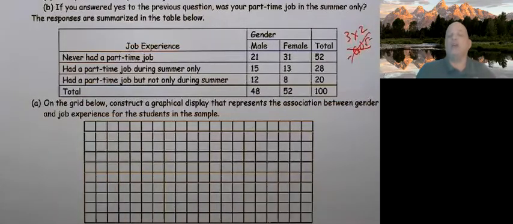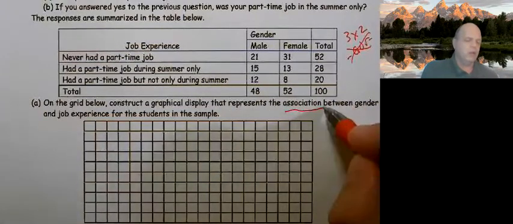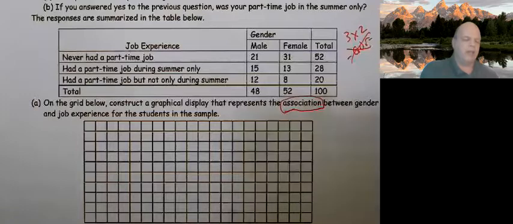That said, the question is, could it possibly be 2 proportions? We'd have to look for the way the question was phrased, but unlikely. Here we have the word association. So that makes it a test of independence.